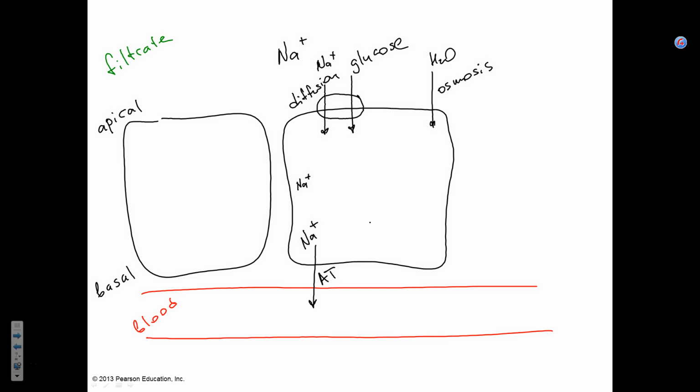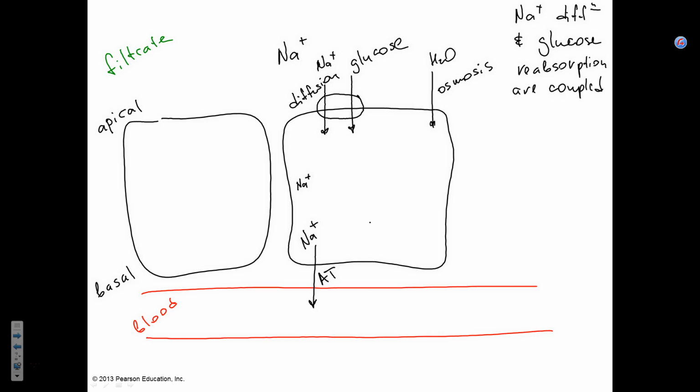So far? You good? Can you say the last thing? So sodium diffusion and glucose reabsorption are coupled.